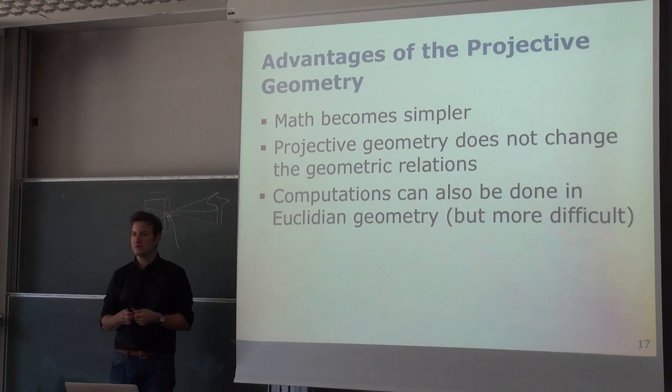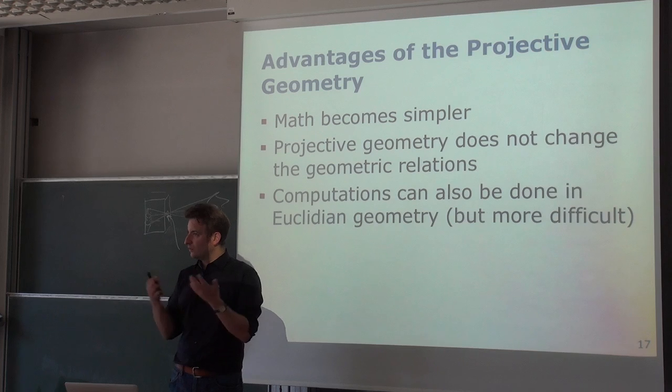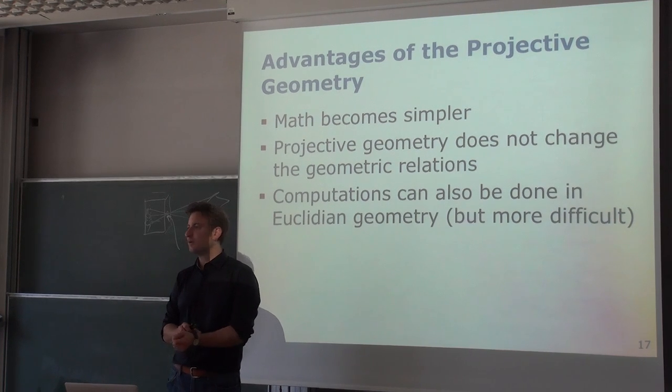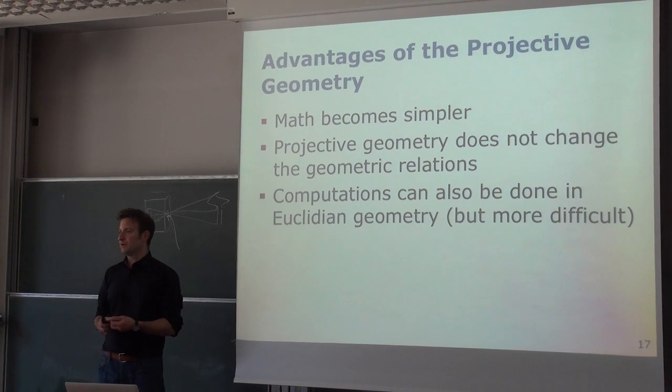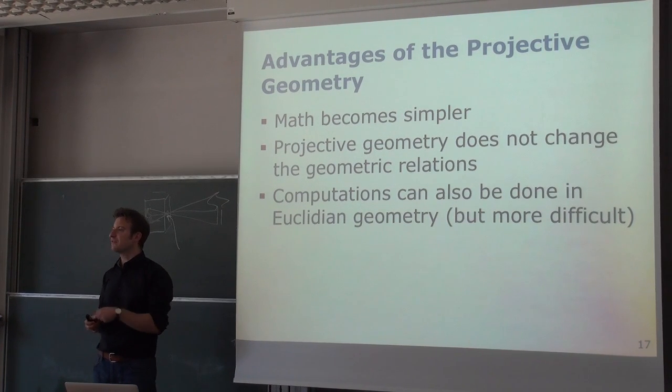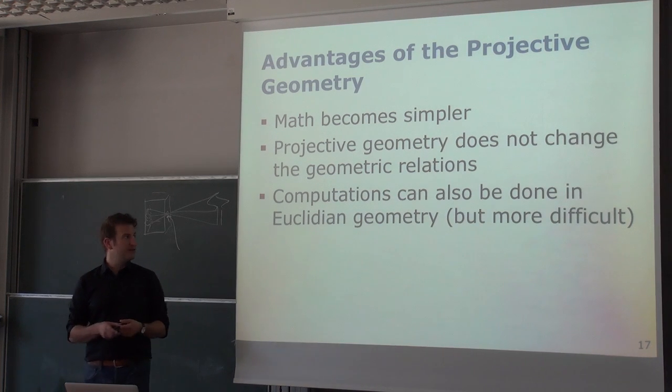If we use projective geometry, and one of the ways to exploit that is homogeneous coordinates, the math typically gets simpler, and the simplification of the math leads to better insights about the relationships that we have here.